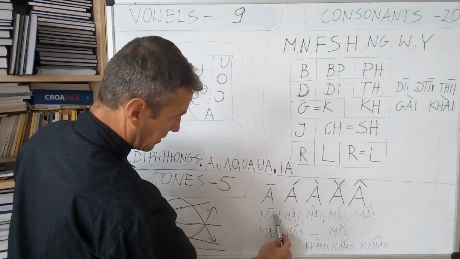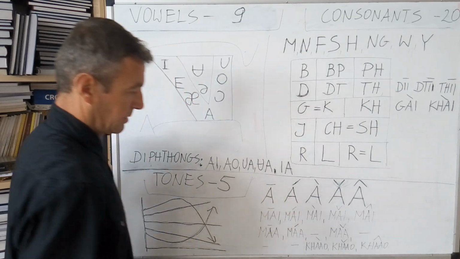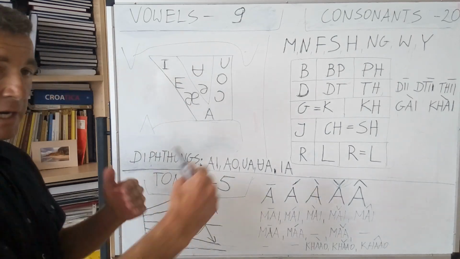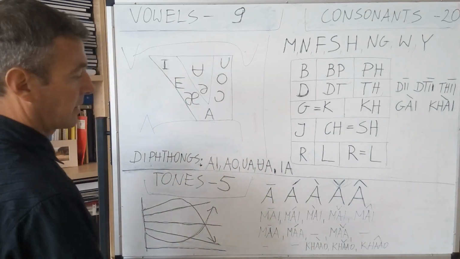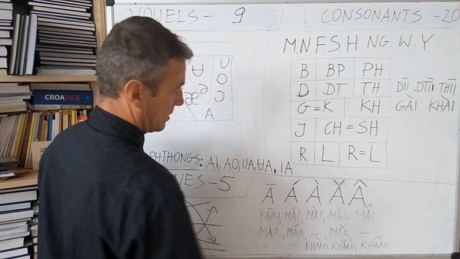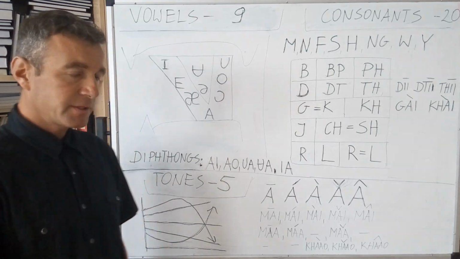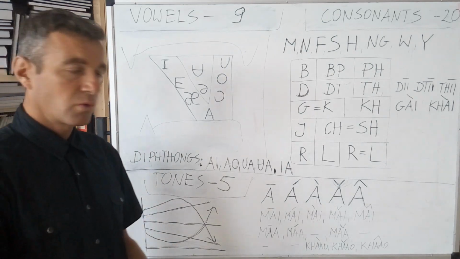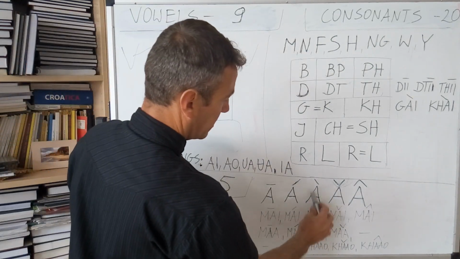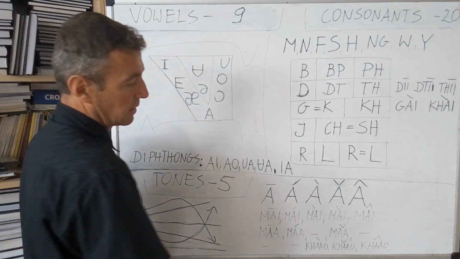If we apply the flat tone in the word my, it will mean a mile, all right? So distance, my. Then the high tone my means an interrogative particle, which is used at the end of yes/no questions. Then the low tone my means new.